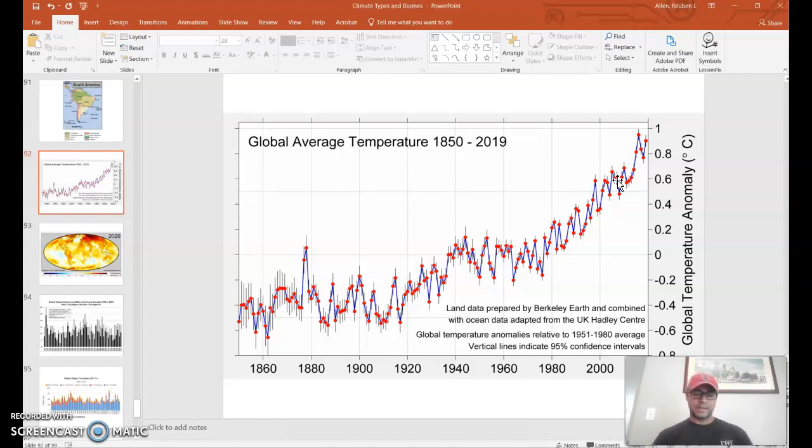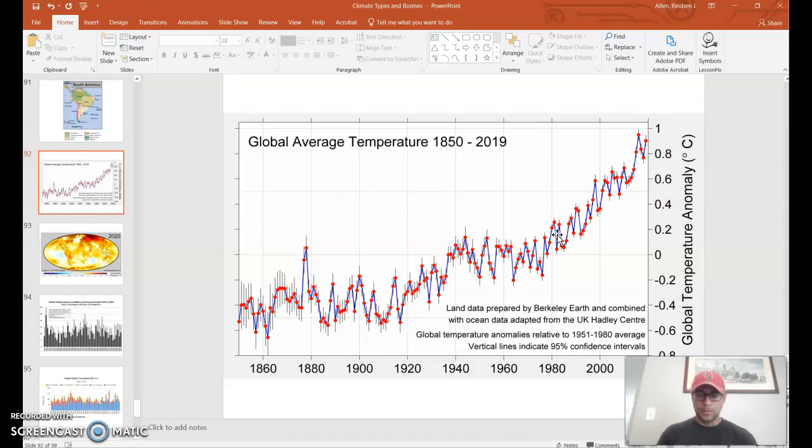So obviously there was a lag there in the 1800s, just a slight increase in global temperatures, but we've had this significant increase in the past century. And if we examine this graph closely, we've had an even greater increase in the past 40 years, the last 4 decades, since around 1980.